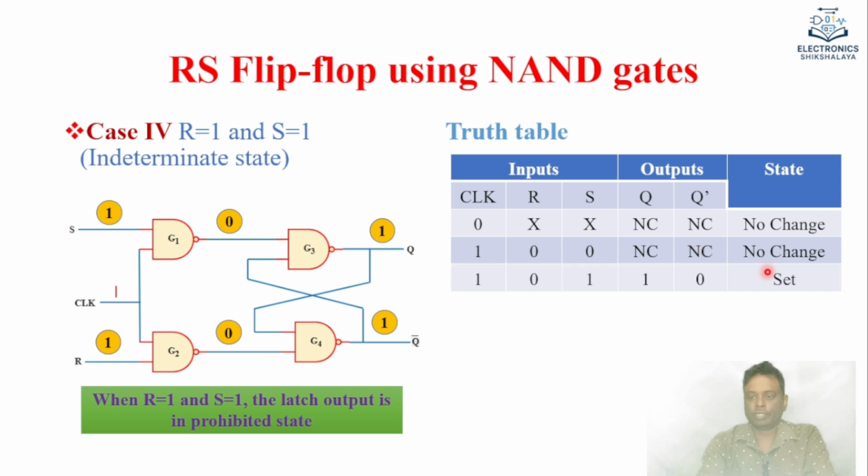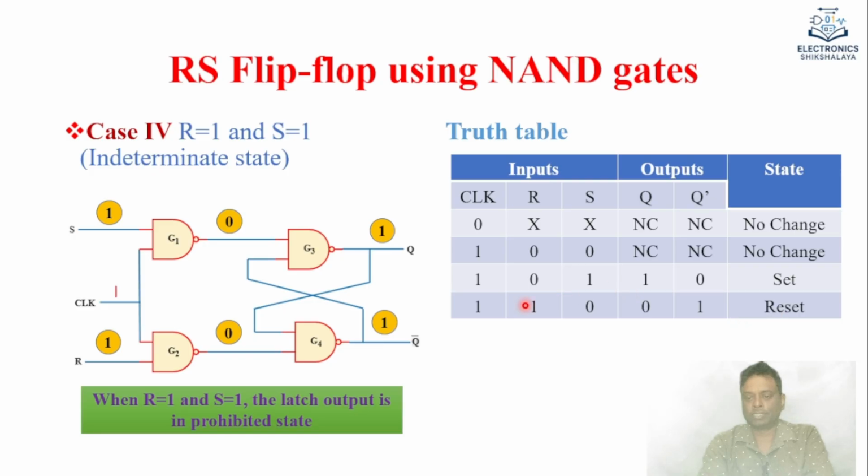In order to set the latch, we have to apply R value equal to 0 and S value equal to 1. Similarly, in order to reset the latch, you have to apply R value equal to 1 and S value equal to 0. And when both inputs are 1, 1, then we have the indeterminate condition, or invalid condition. So this is the RS flip-flop using the NAND based latch.